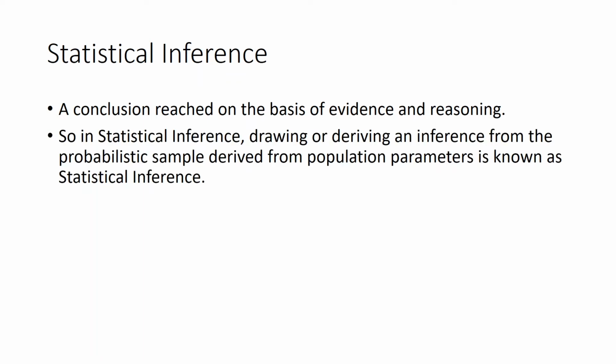Now let us move on to statistical inference. Drawing or deriving an inference from a probabilistic sample derived from the population parameters is known as statistical inference. Like I said, let's say I have a set of graphic cards and I want to choose a particular one, based on that probabilistic sample, which is going to meet my needs. Let's say I want to play a high-end 4K game.